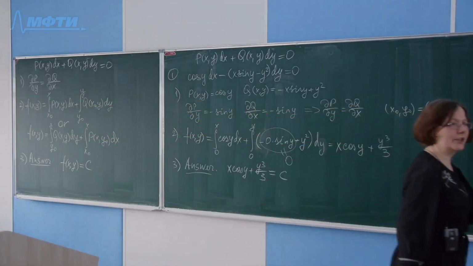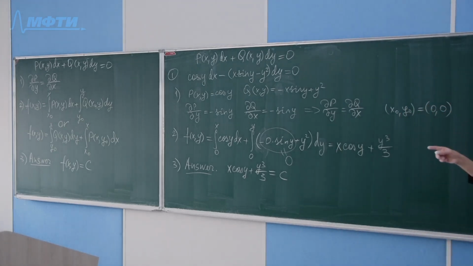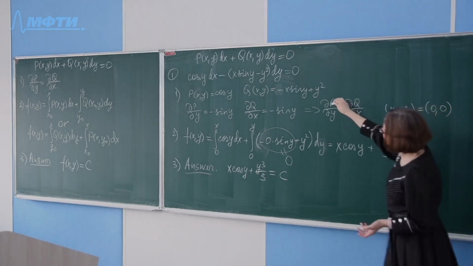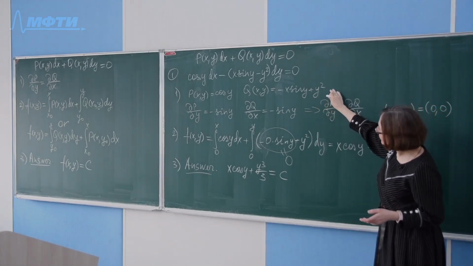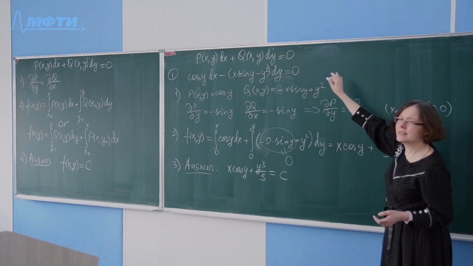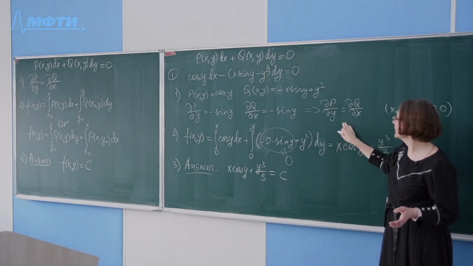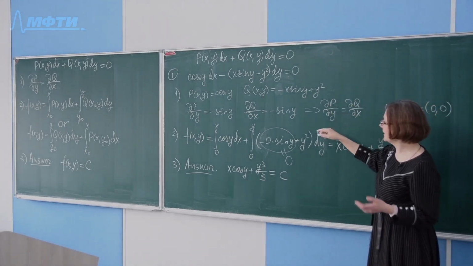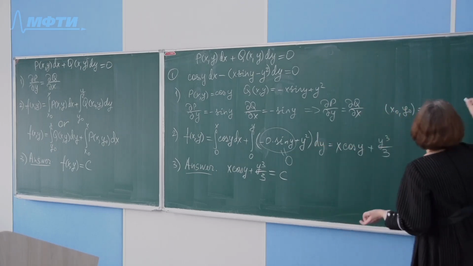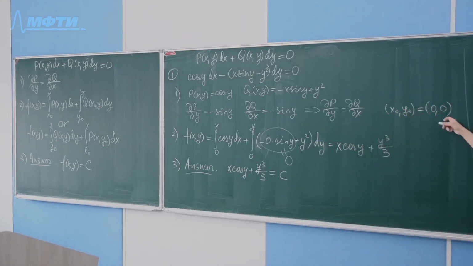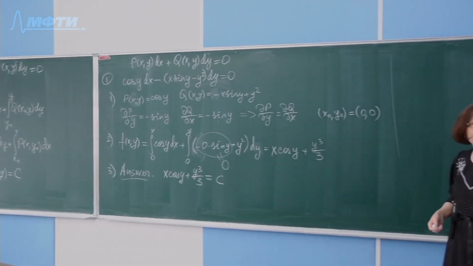Okay, instead, if you have forgotten this formula, what shall we do? We know the first step is the same, to check if this differential equation is exact or not. So suppose we have checked. Now we will try to find the function instead of step number 2. It will be a little bit longer, right?